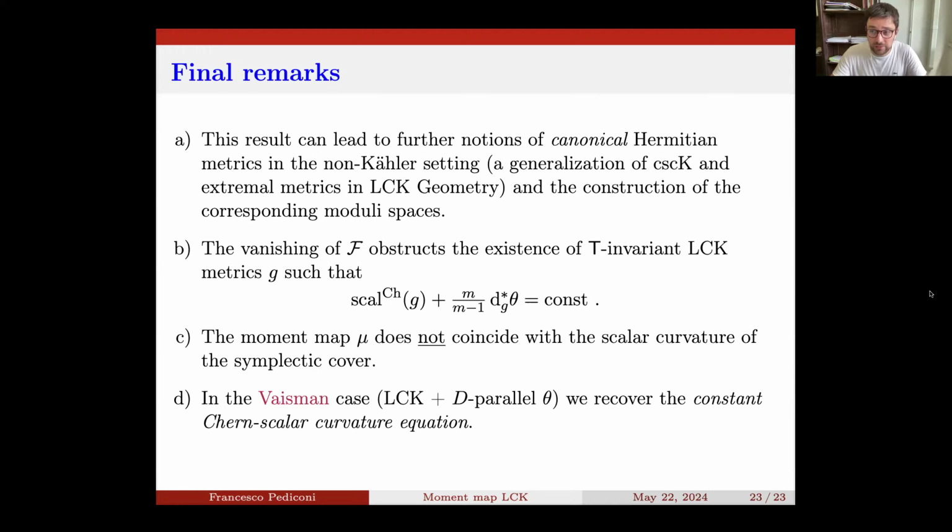In the Kähler case, as I said before, you have the Moser trick, which allows you to see the complexified orbit of the Hamiltonian group as the Kähler form in a certain sense. And here in the lcK setting, we have a version of the Moser lemma, but we still miss a cohomology interpretation of the complexified orbit.